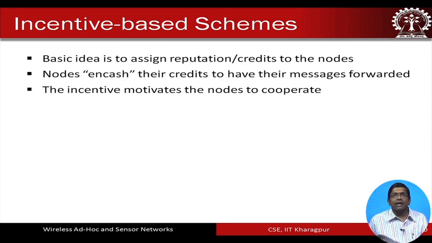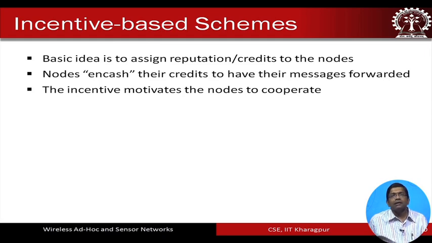So, as the name suggests, the basic idea is to assign reputation or credits to the nodes. Here the nodes are going to earn the credits, and they are going to encash their credits in order to have their messages forwarded. So, the incentive over here is in terms of earning the credits, because ultimately if a node later on has to forward its own message, then if it does not have enough credits, it will not be able to forward the message.